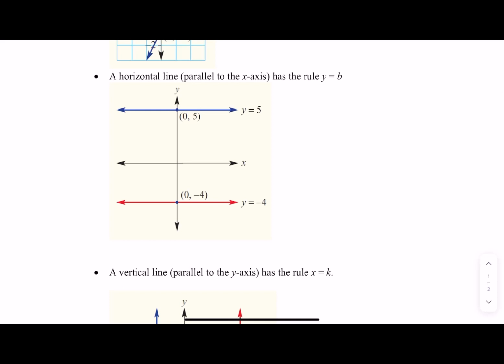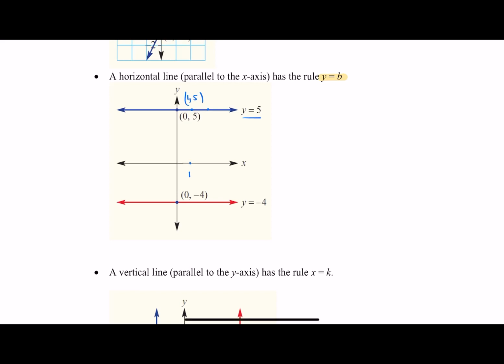We have our horizontal lines that are parallel to the x-axis, and they have the rule y equals b. And the reason I have these rules, so here I can see that this line is y equals 5 because whatever x value I choose, if x is 1, the y value is 5.